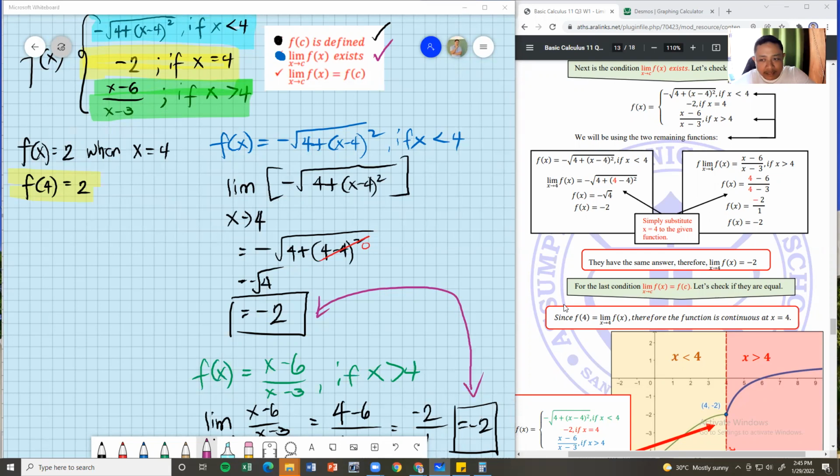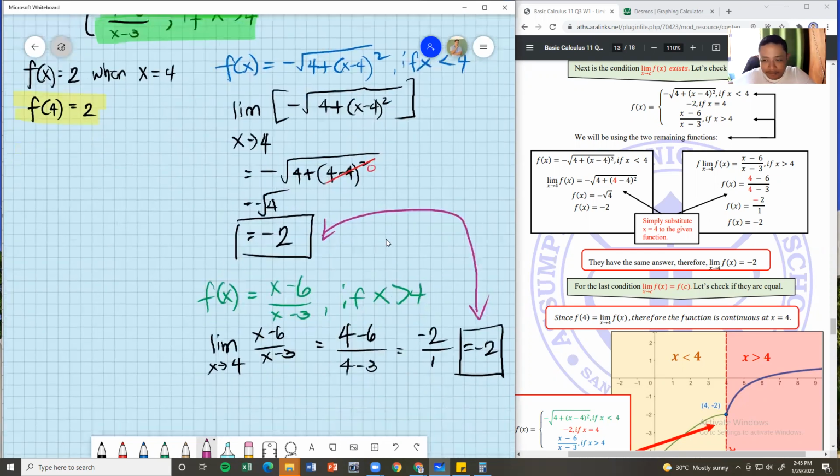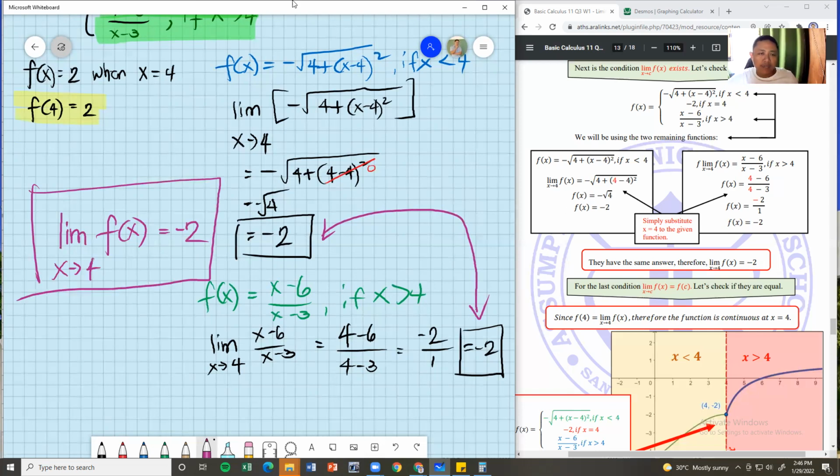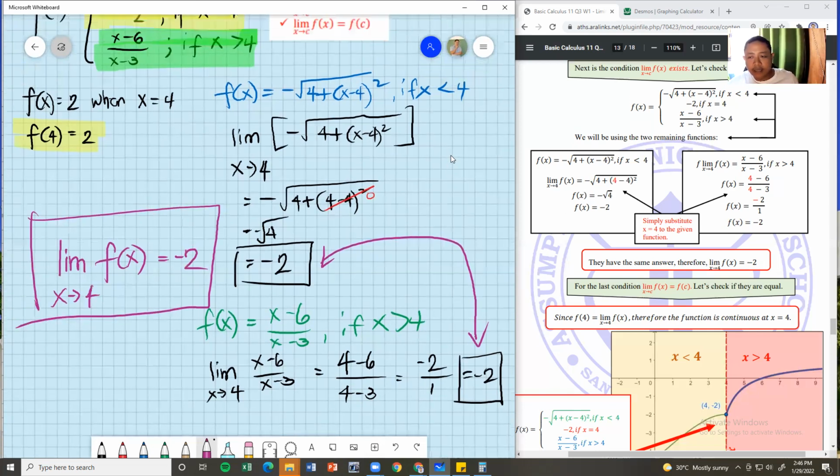So looking at this given, the limit of the function, kasi there are two functions. So translating them into this, as x approaches 4, this is equal to negative 2. Ito yung ating pinaka-statement for our second condition. Okay?